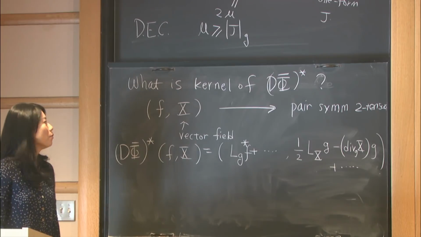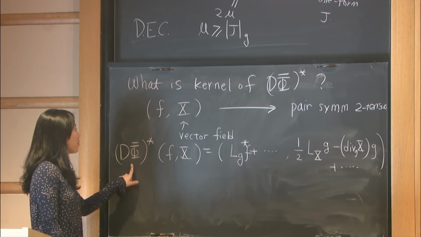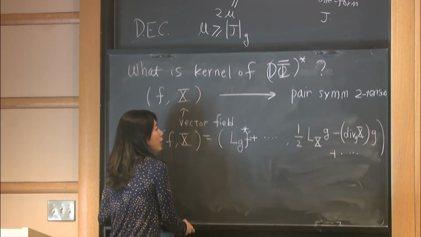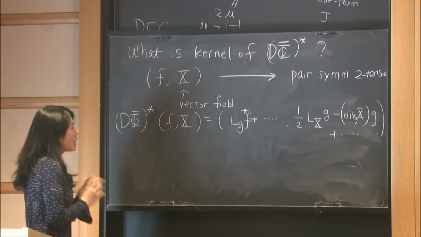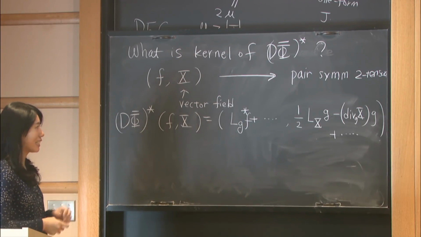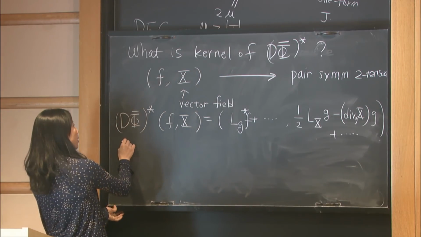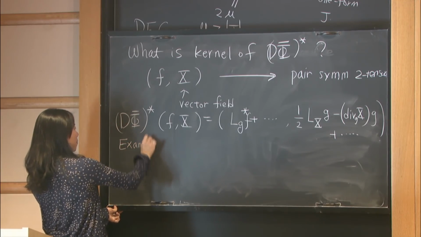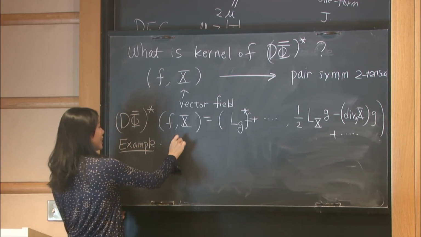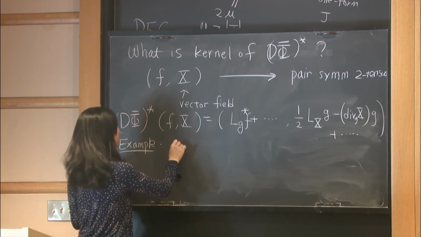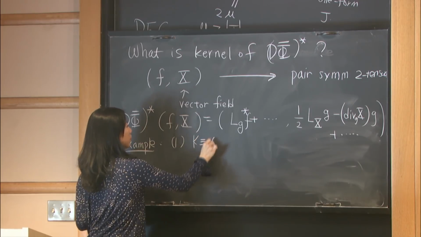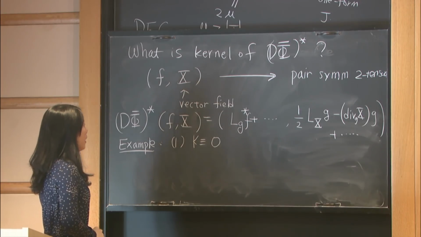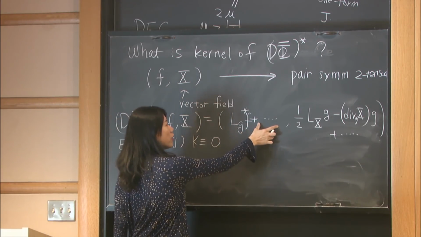Okay, so this formula is more involved because it becomes a map from a pair of a function and a vector field. But it still shares very similar properties as the linearized scalar curvature map. So let me give you a couple of examples. In the case when K is identically 0, the Riemannian case, all those lower order terms vanish.